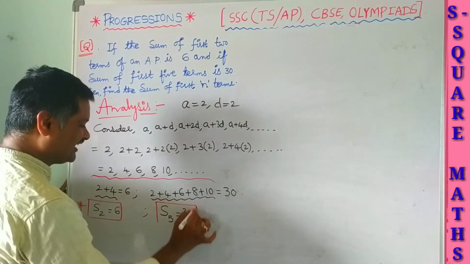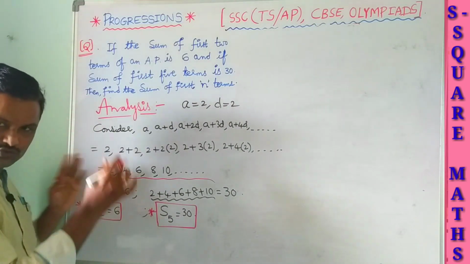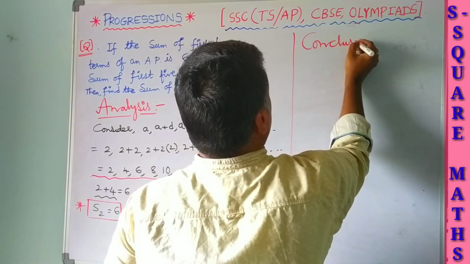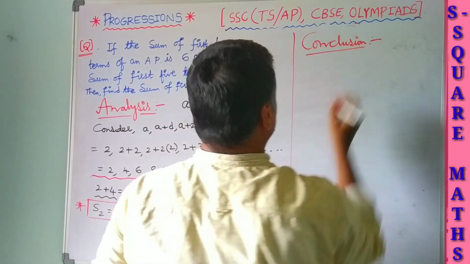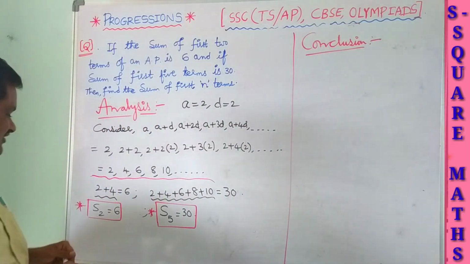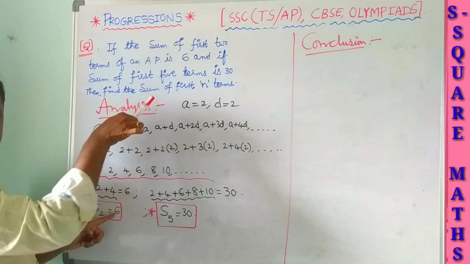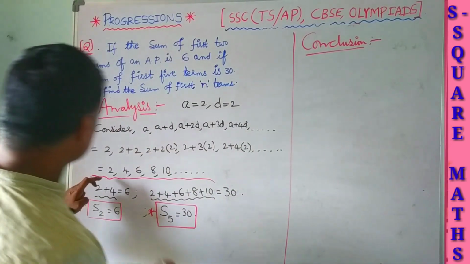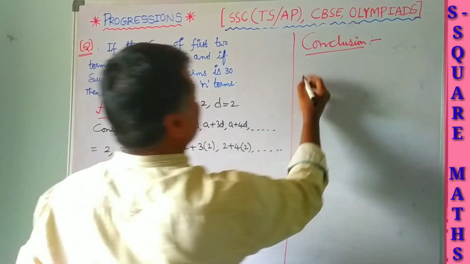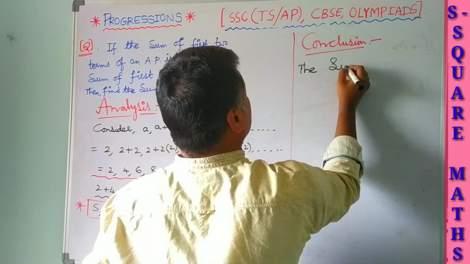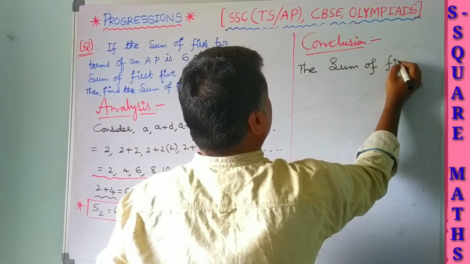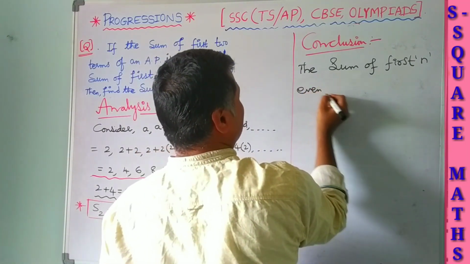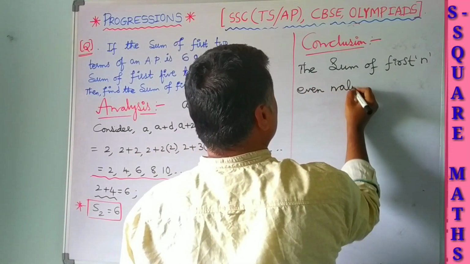So what does it mean? Let us give the conclusion here. So the conclusion for our problem: since we verified the sum of the first 2 terms of the given AP is 6 and the sum of the first 5 terms of the given AP is 30, 2, 4, 6, 8 and so on is nothing but the sum of the first n even natural numbers.